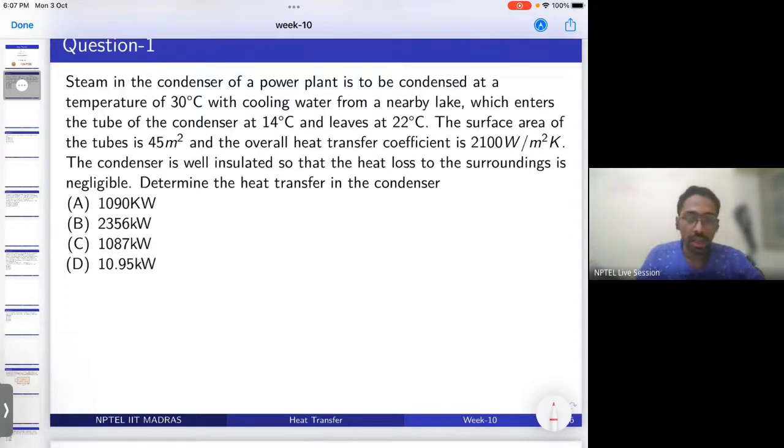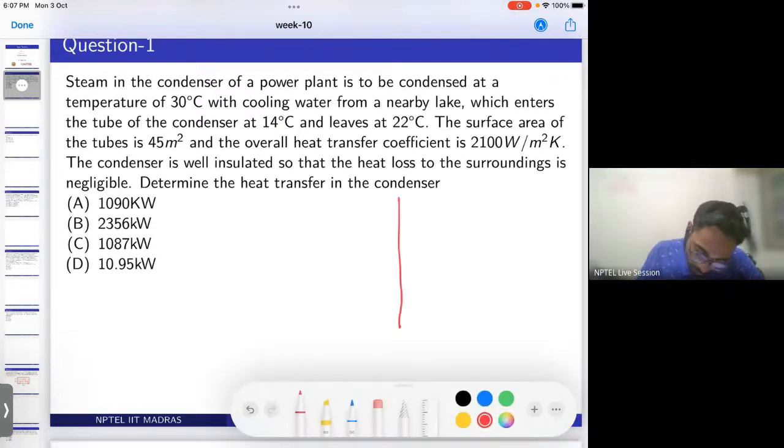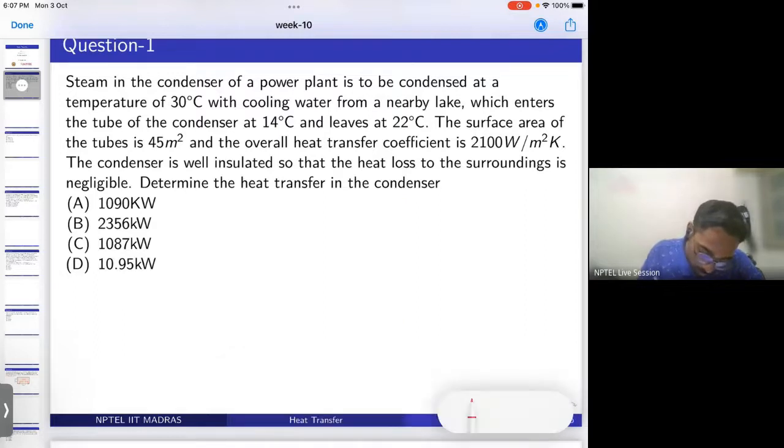As it's a phase change, it doesn't matter whether it is a parallel flow or a counter flow. I will just draw the temperature distribution along the length of the heat exchanger.